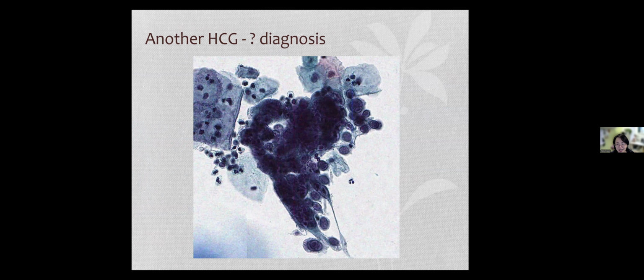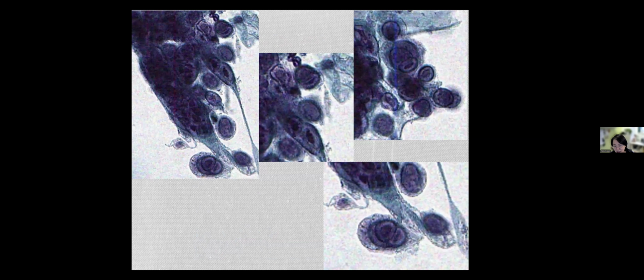So this is another real case. It's a hyperchromatic, crowded group. What's your diagnosis? I'll show you a couple of pictures. You probably recognize it immediately. This is high power, and you can see the nuclear features.